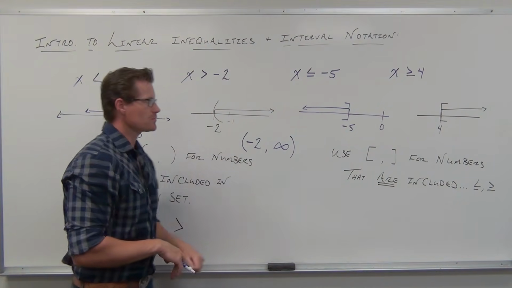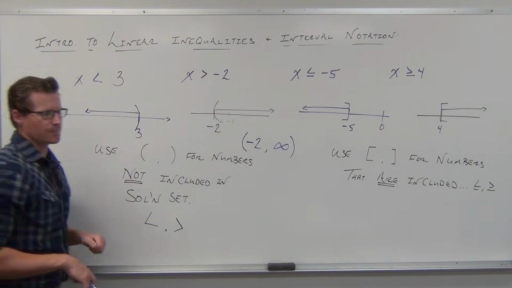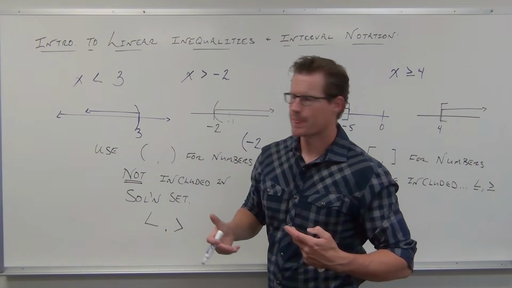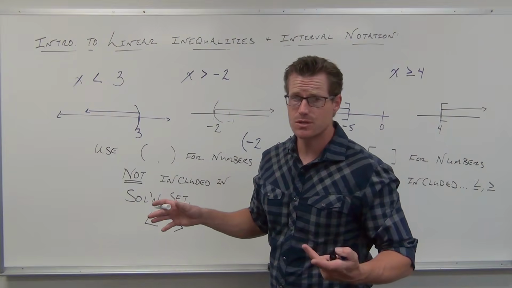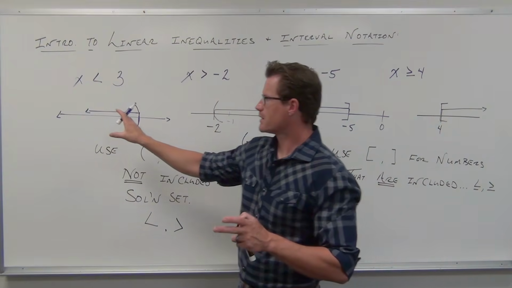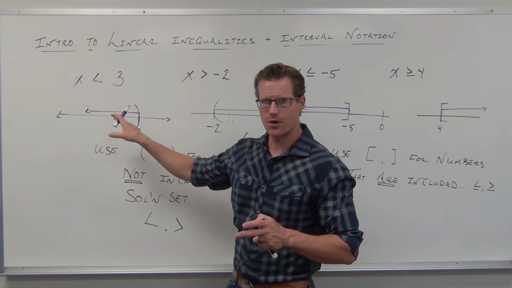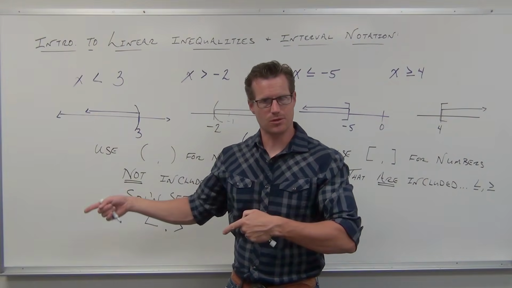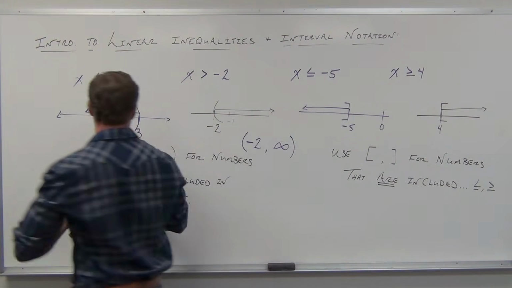Now, let's try this one, because this one's weird. We always read from left to right in our graphing of inequalities. So when we're looking at this and asking, where does this interval start? It doesn't start at 3. In fact, it ends at 3. That's weird.